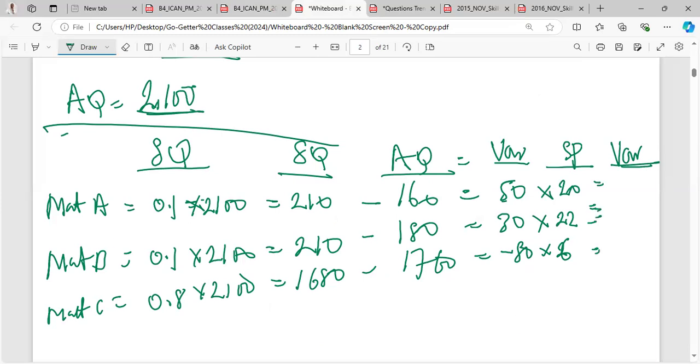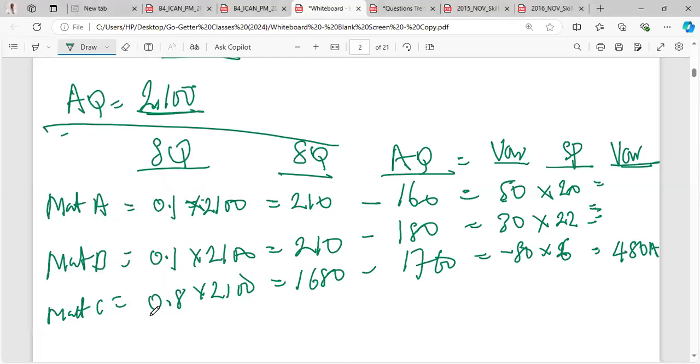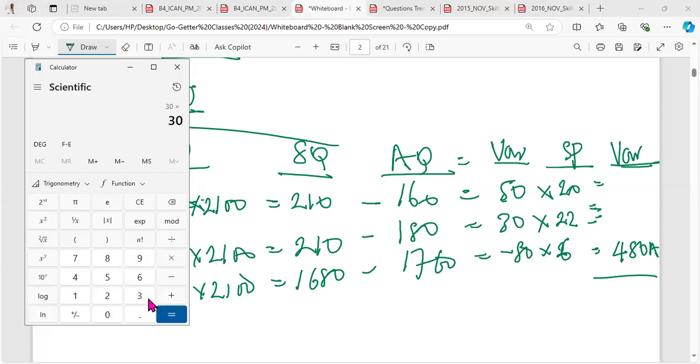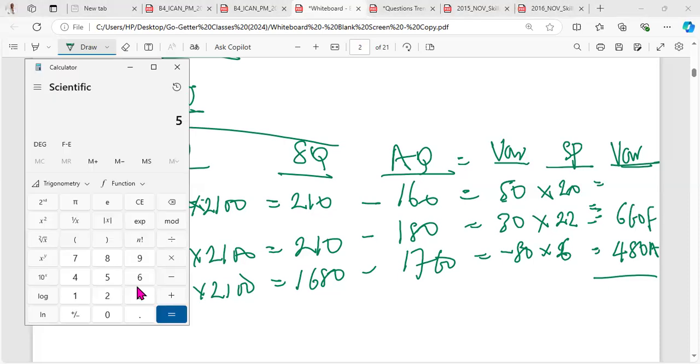So we have 50. Okay, let's do the minus 80 times 6. That gives me minus 480. So it's 480 adverse. We have 30 times 22. That gives us 660 favorable. And we have 50 multiplied by 20.